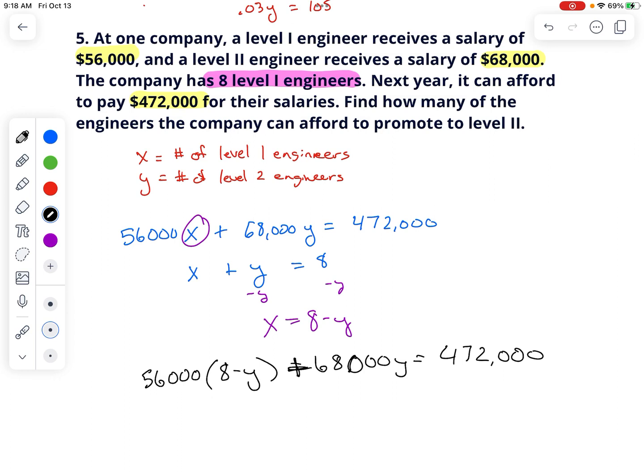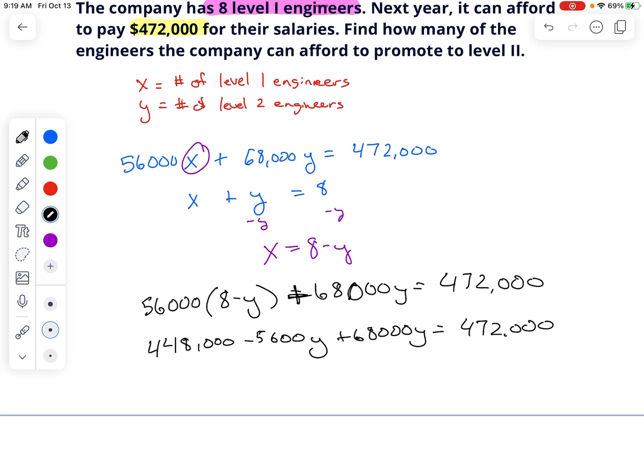So let me distribute the 56,000. Okay, and so I'm going to subtract this 448,000 from both sides.